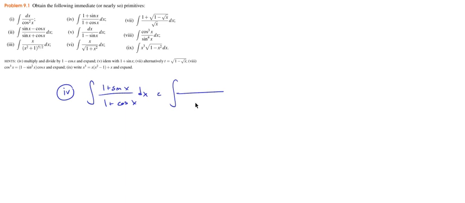In the denominator you get 1 minus the cosine squared, which is exactly the sine squared. In the numerator you have 1 plus the sine times 1 minus the cosine, so you have 1 plus the sine minus the cosine minus the sine times the cosine.